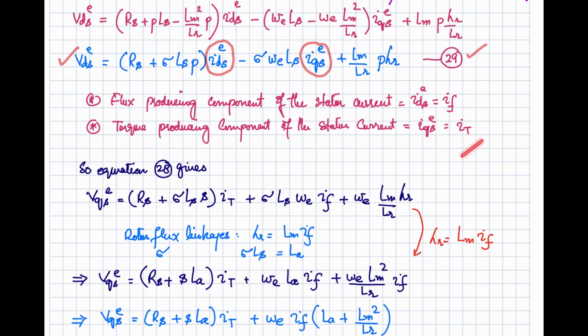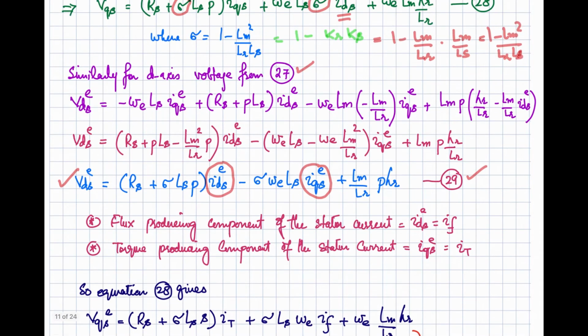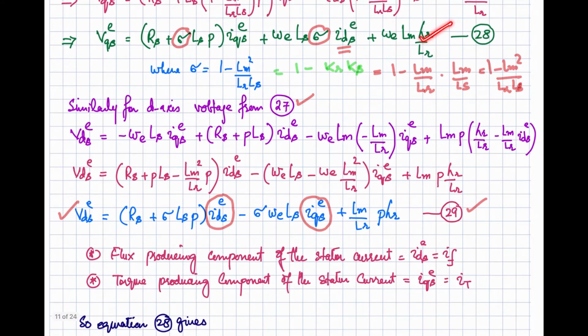So your stator current has two components, one along the d-axis, the other along the q-axis. The d-axis component is the flux producing component, and the q-axis component is the torque producing component. So we can write down these two equations, equation 28 and equation 29, in terms of IF and IT, those we have defined over here.